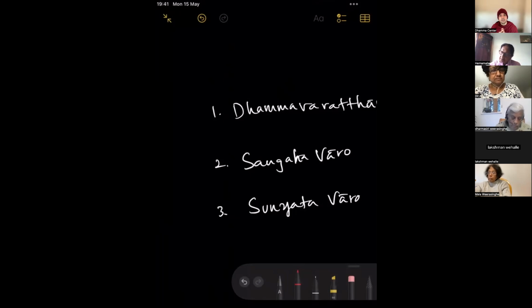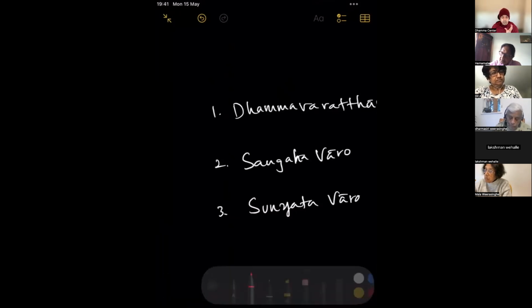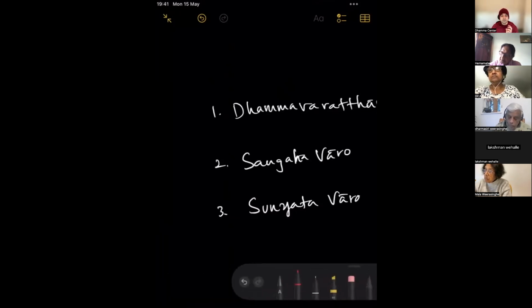Then we have Sangaha Varo. In Sangaha Varo, these 22 categories of the Tikamatika are further analyzed and grouped into Kanda, Ayatana, Dhatu, Sacca.